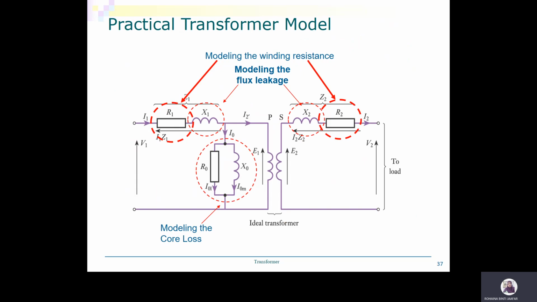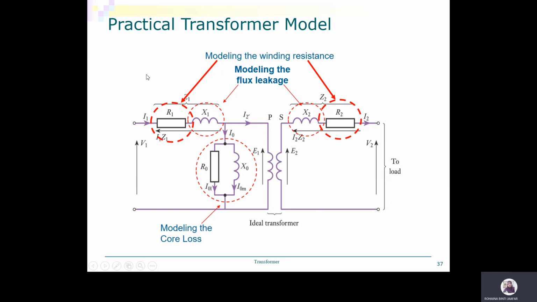Okay, next, the practical transformer model. This is the practical transformer model. There are a few types of winding resistance and winding reactance at the primary, and this one is at the secondary.